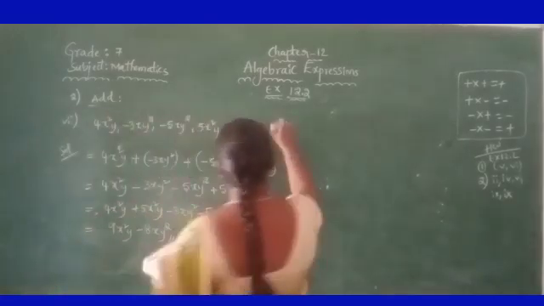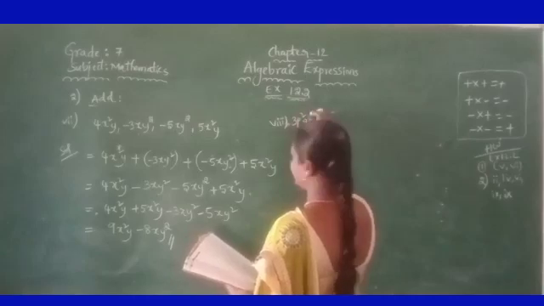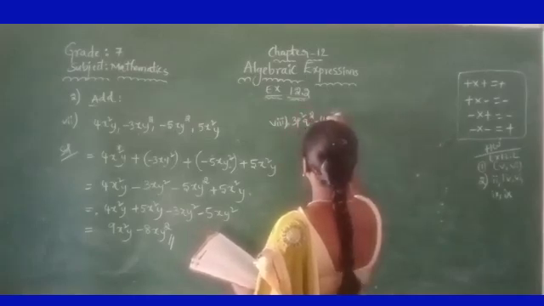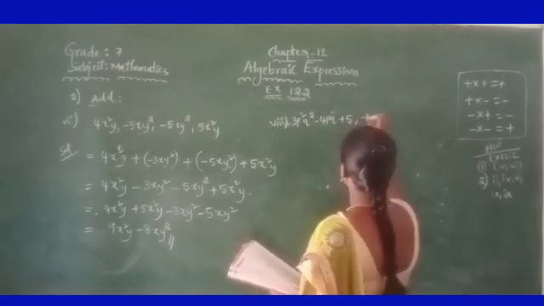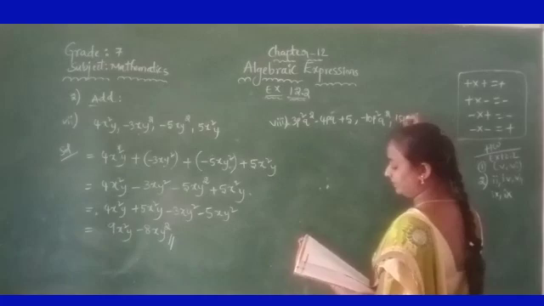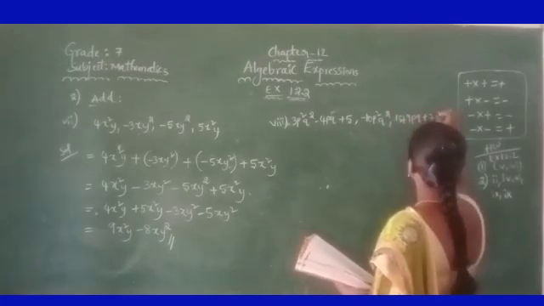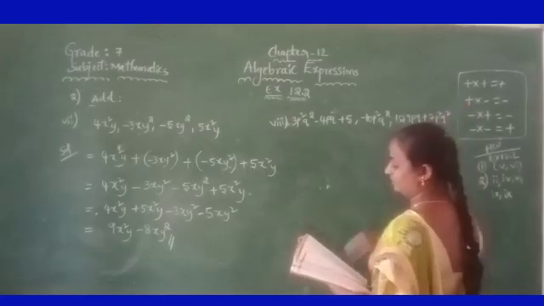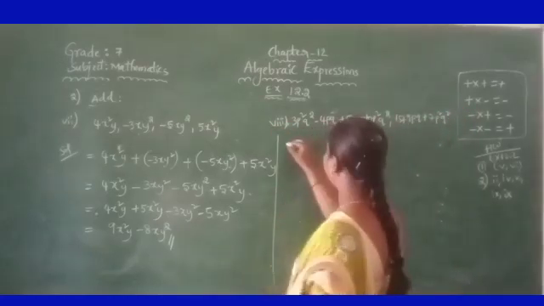So now the 8th question. 8th one, see: 3p square q square minus 4pq plus 5, comma, minus 10p square q square, comma, 15 plus 9pq plus 7p square q square. Children, this one also add.